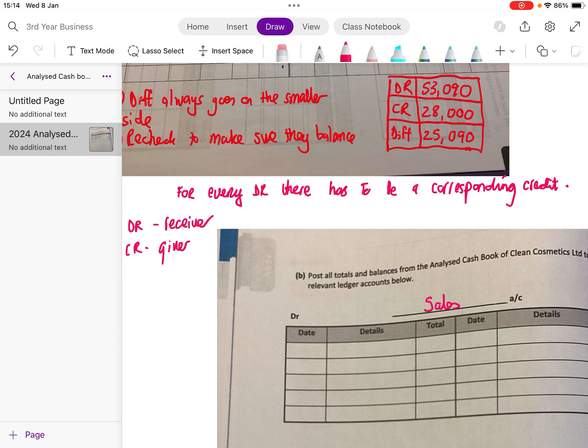So let's go back to sales. I am receiving the money for the sales that I've made. That's my receiving element, that's why I'm debiting it. But I've had to give away goods to get that. I'm not getting money for nothing. They're not just paying me while I hold on to my goods. I'm actually giving them the goods. So that's why I'm crediting my sales. Hopefully that will make sense.